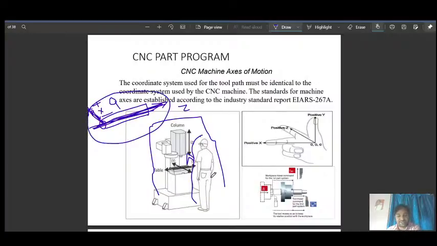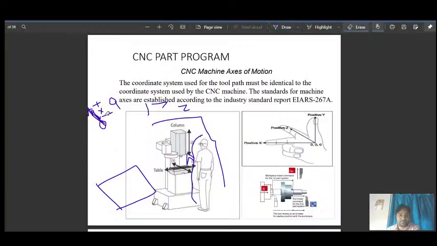But when three axes are involved, generally the plane, horizontal axis is taken as x. As you can see, let me zoom it.